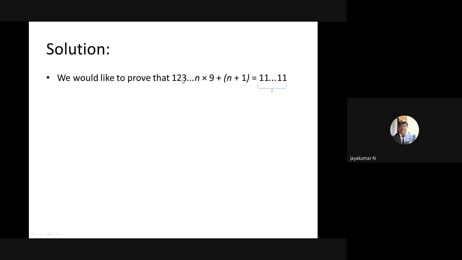Then I always multiply with 9, plus the second addend. In the first equation it is 2, second equation 3, third equation 4, and in the nth equation I have n plus 1. So on the left hand side I gave the representation for the nth equation: n digits, multiplied with 9, plus n plus 1. Finally I will get definitely n.